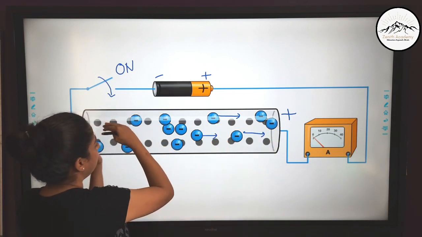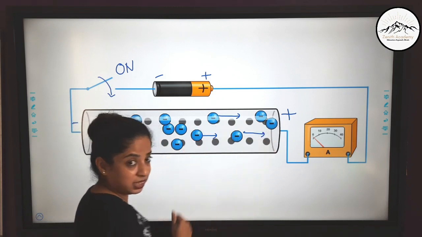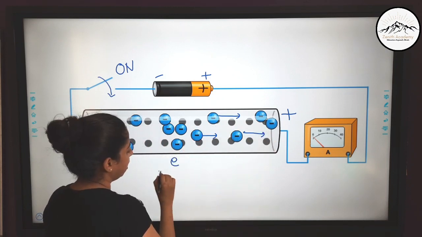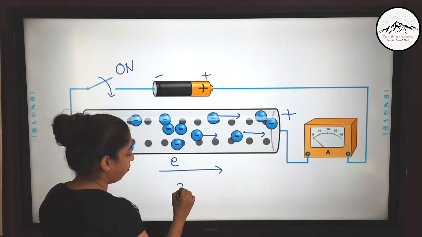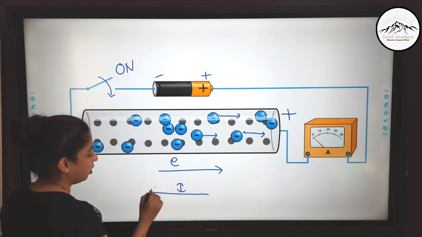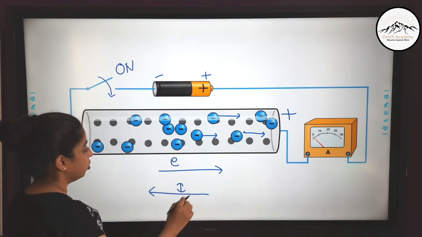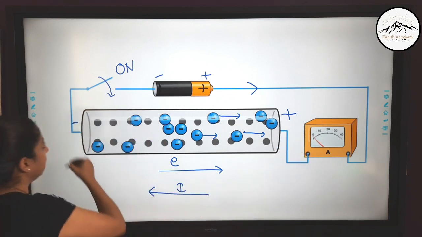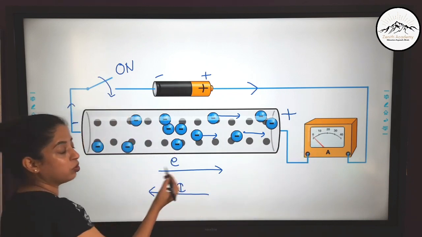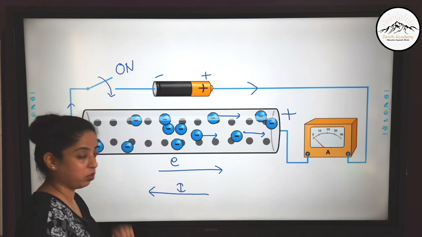So electrons will slowly start drifting this side. This is the direction of flow of electrons, but the direction of flow of current is opposite to the direction of flow of electrons. So my current will flow like this, from positive to negative, in a direction opposite to the direction of flow of electrons.